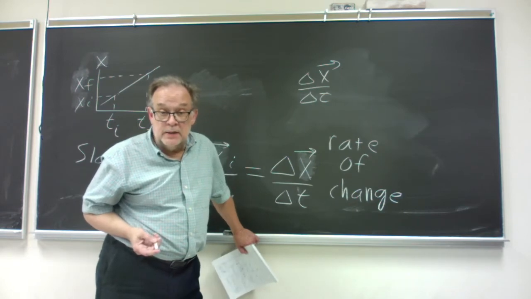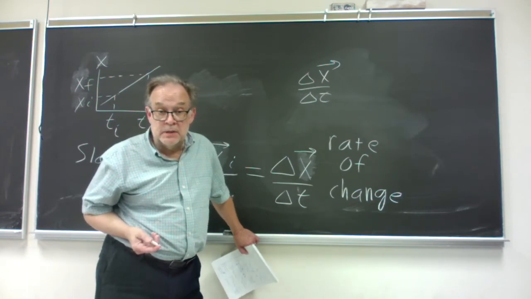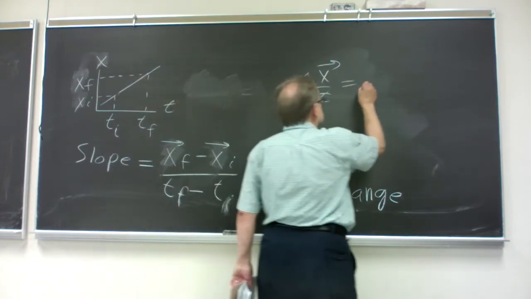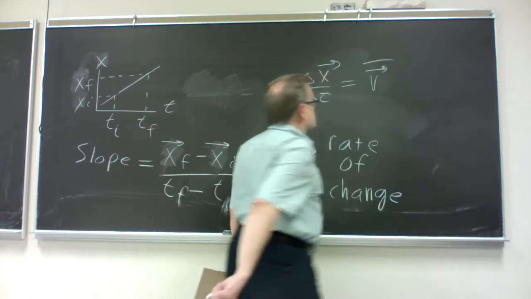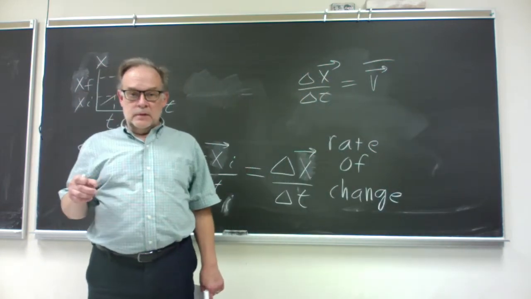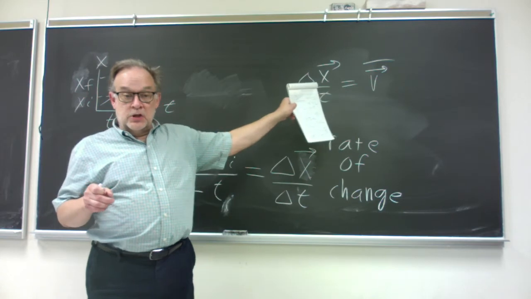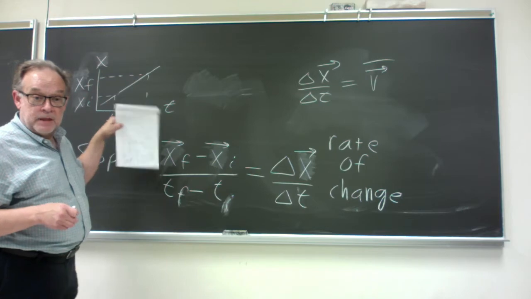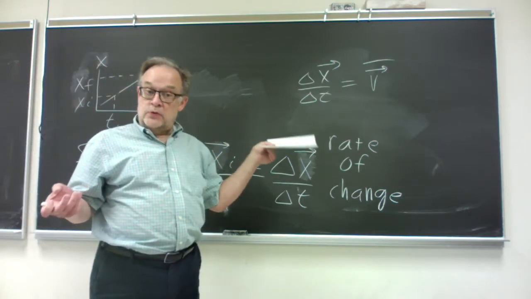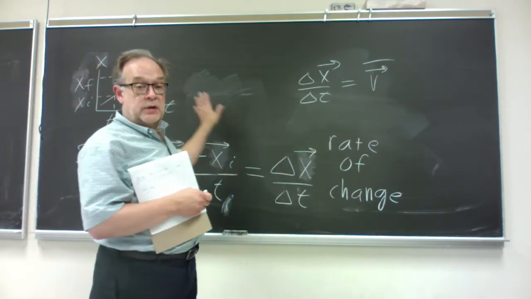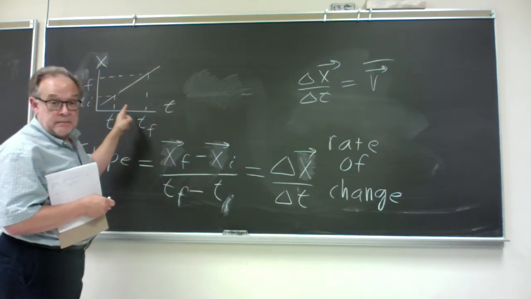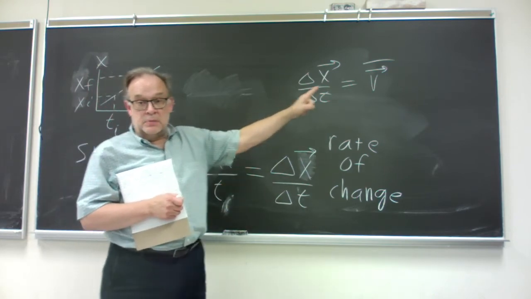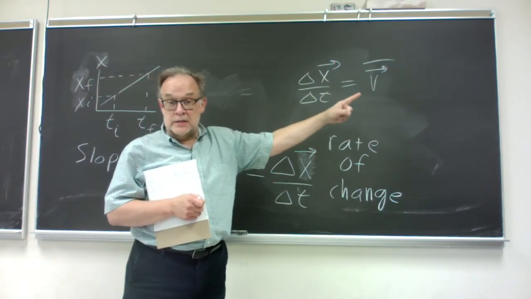Displacement divided by the length of time it took to make that displacement is our definition for average velocity. But this was also slope of the line. So now we have a very, very important relationship, a relationship between slope of the line in a position versus time graph is this, but this is also velocity.